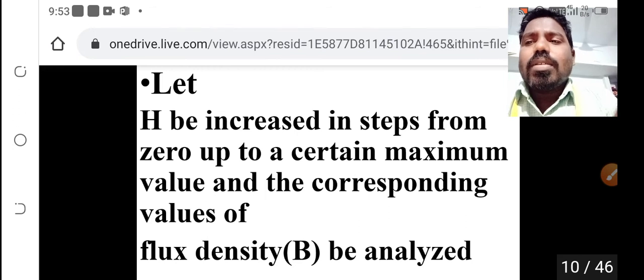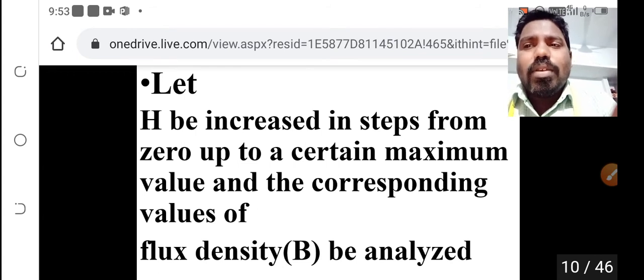we need to analyze what flux density values are generated. So here, H is increased in steps from 0 up to a certain maximum value, and we look at the corresponding values of flux density.